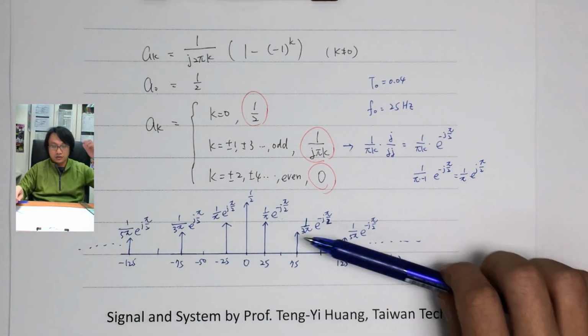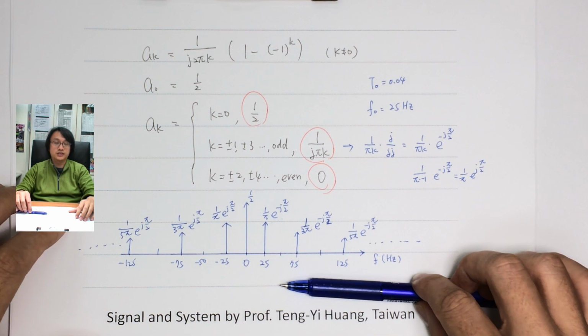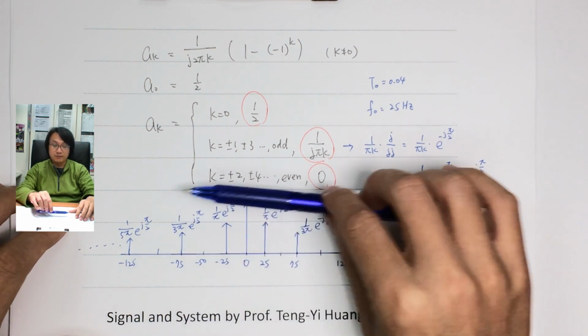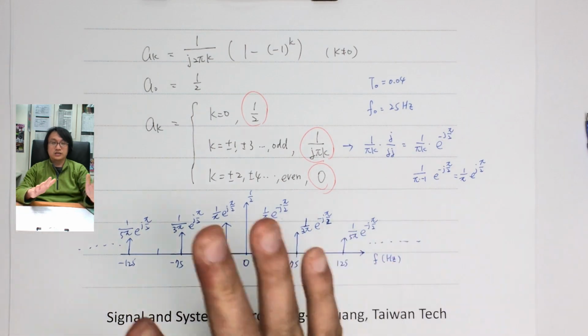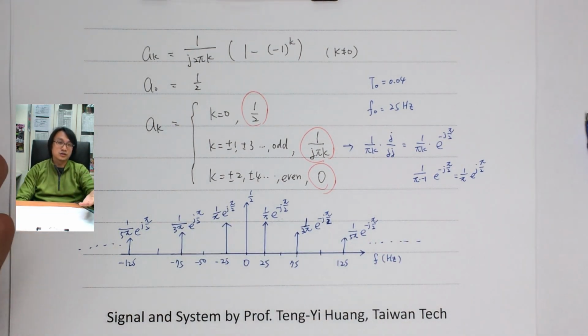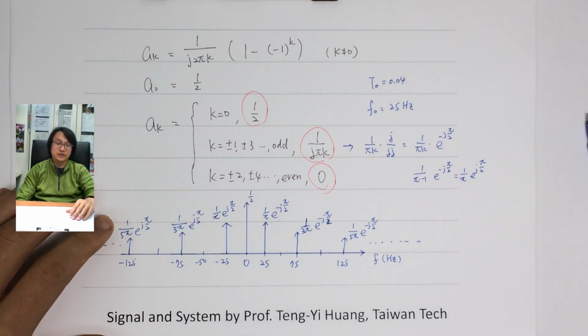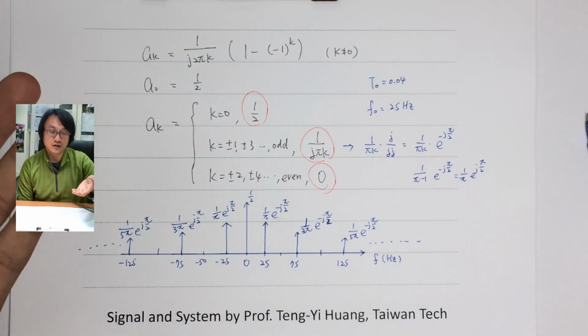And we can plot the Fourier series coefficients and what their spectrum looks like. So this process tells you that for any periodic function, as long as you plug it into the Fourier series analysis formula, you can compute its Fourier series coefficients.